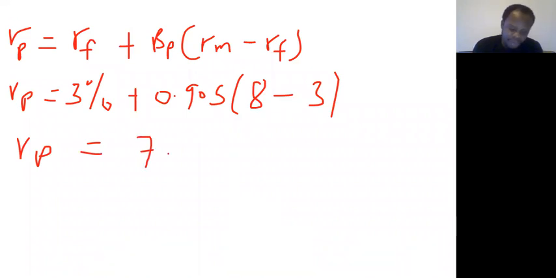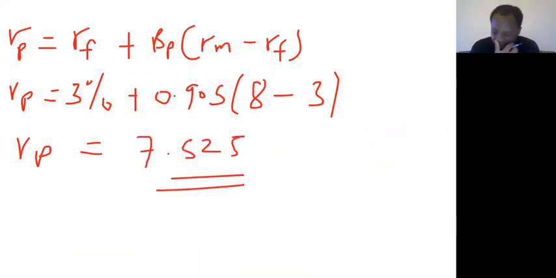And when you compare this to the case where we used the individual betas to compute, we also have 7.525, which is exactly the same as this one. Thank you.